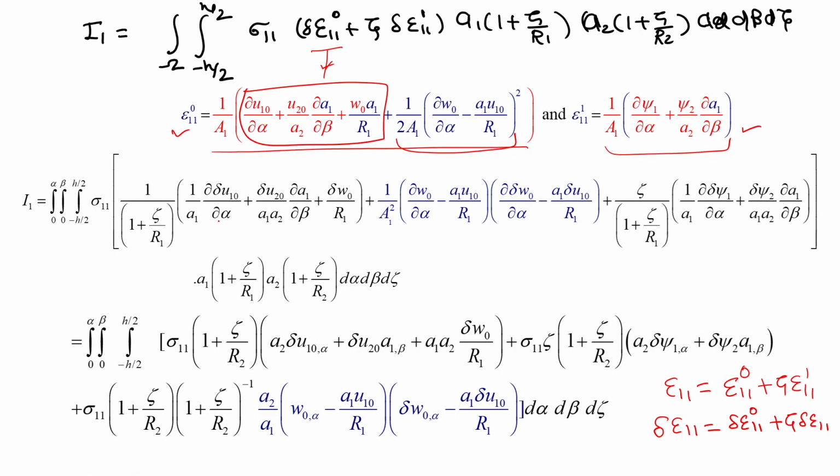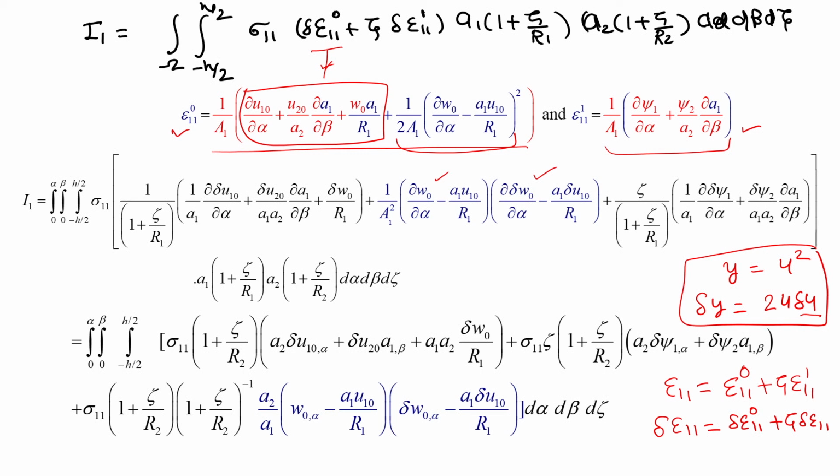So, it will be del of u1 0 comma alpha, del u2 0, del w naught, and similarly if you take the del of that, it will behave like, for example, y is equal to u square, and if you want to take first variation of y, then it will be twice into u into del u. So, similarly twice will come up, so it will get cancelled out, and then del u by del alpha, a1 u naught by r square multiplied by variation in that.